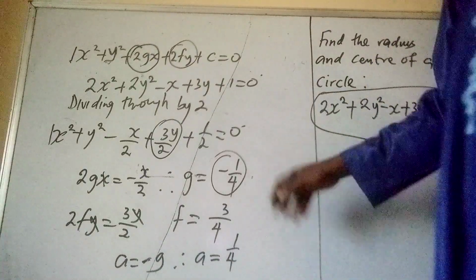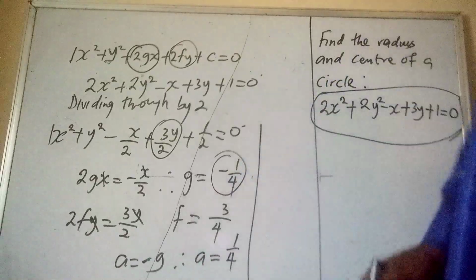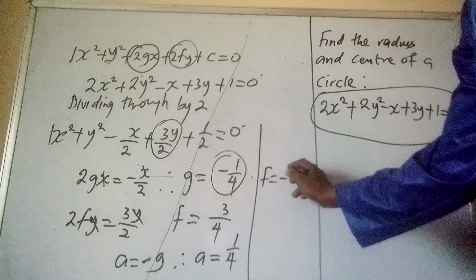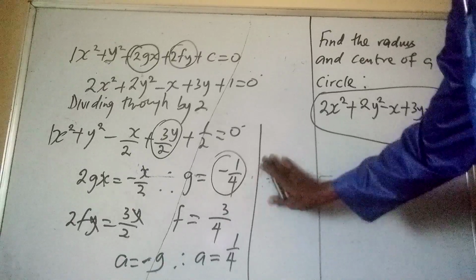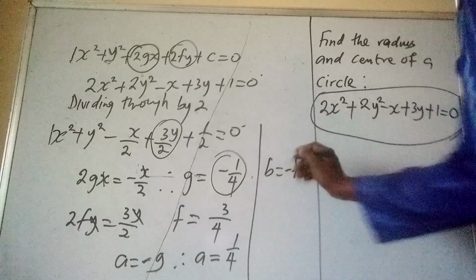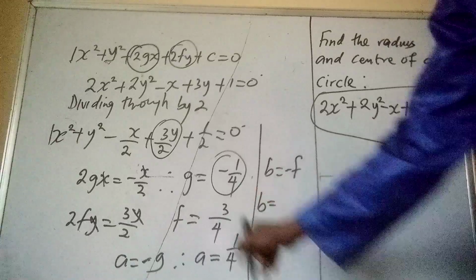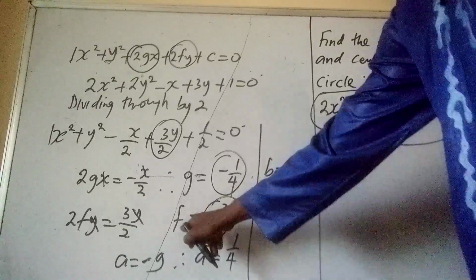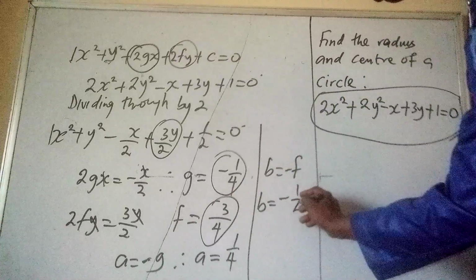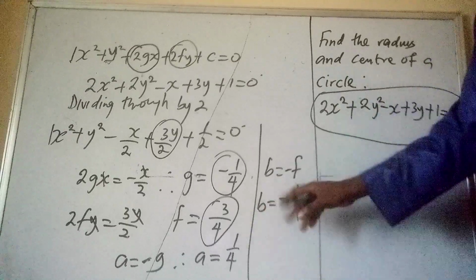We do the same for f: b is equal to minus f. So b will be equal to negative times 3 over 4, which gives negative 3 over 4.